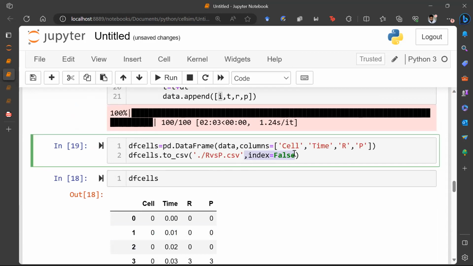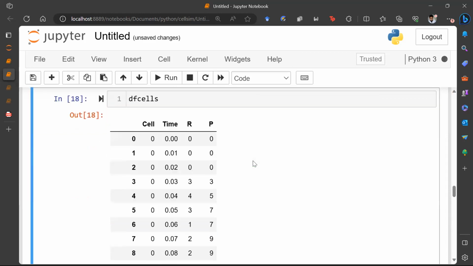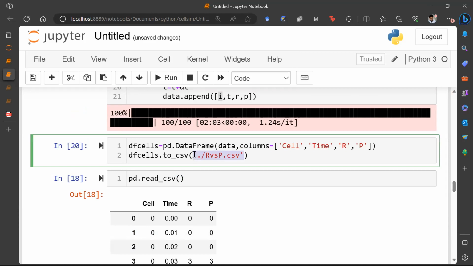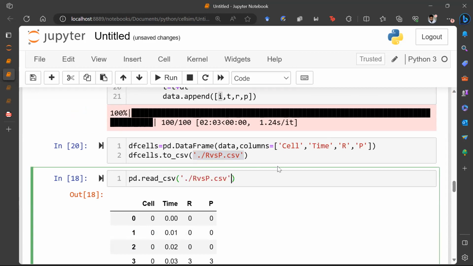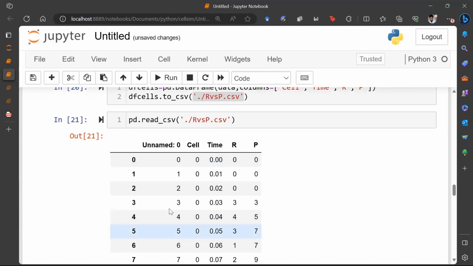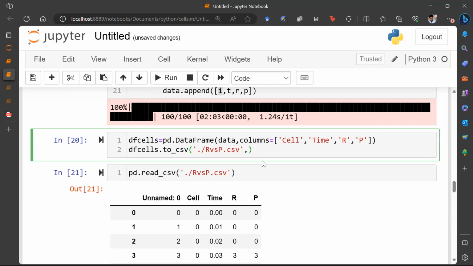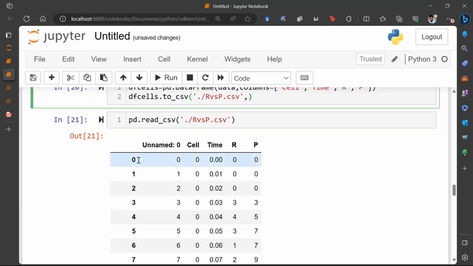Let me show you in more detail. Let's say I save this with the index, so I can read this file. So I use the function read CSV. So this has an additional column that we won't use anymore, and it has its own index.